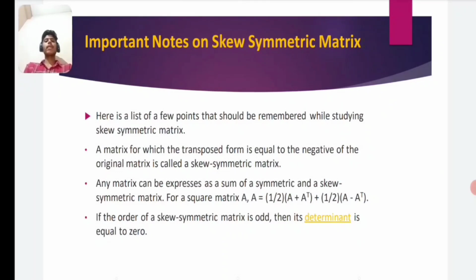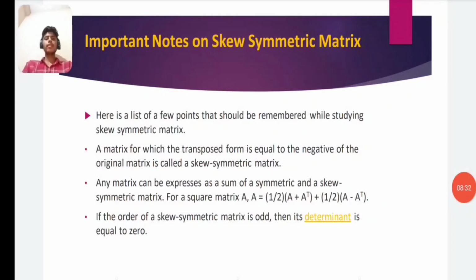For a square matrix A, A is equal to 1/2 of (A plus A transpose) plus 1/2 of (A minus A transpose). If the order of a skew symmetric matrix is odd, then its determinant is equal to 0.